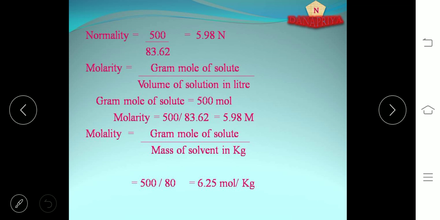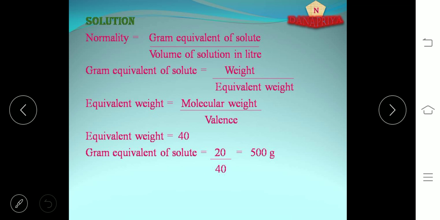Then for finding normality, the formula we have already seen: gram equivalent of solute by volume of solution in liter. We have found gram equivalent of solute, that is 500 gram, divided by volume of solution in liter. To find volume of solution, we know that density is equal to mass by volume. Then volume is equal to mass by density. Here the density of the solution is given. So volume is mass of the solution divided by density of the solution.